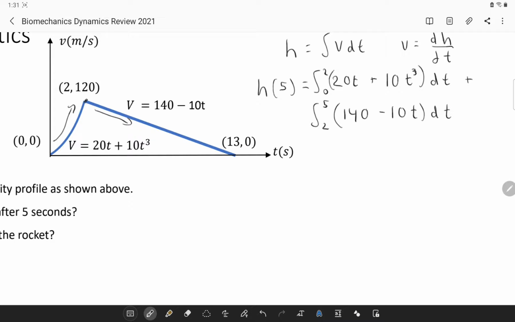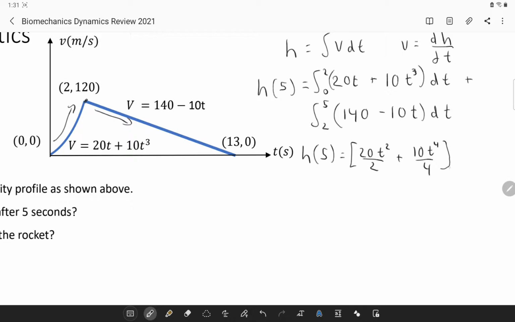From that, we're going to get our height at 5 seconds equal to the integral of this first portion of the polynomial. We have 20t squared over 2 plus 10t to the fourth over 4.